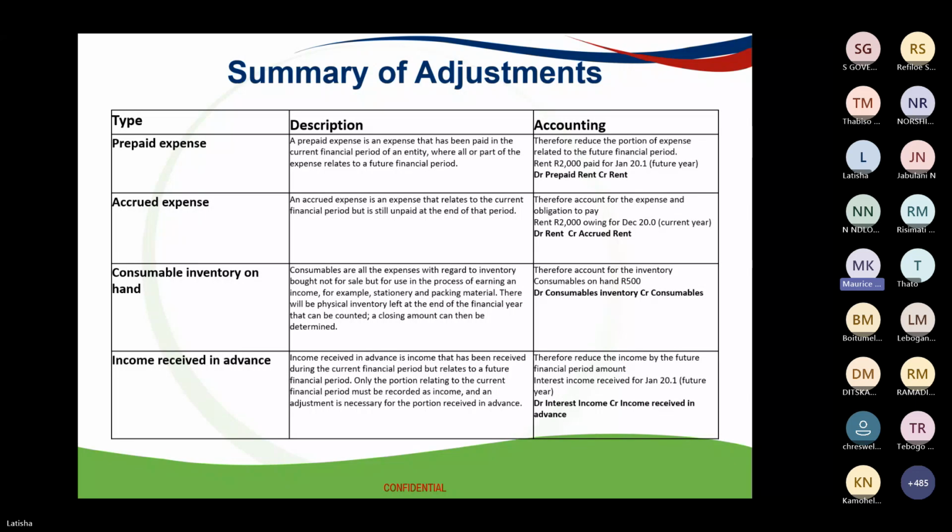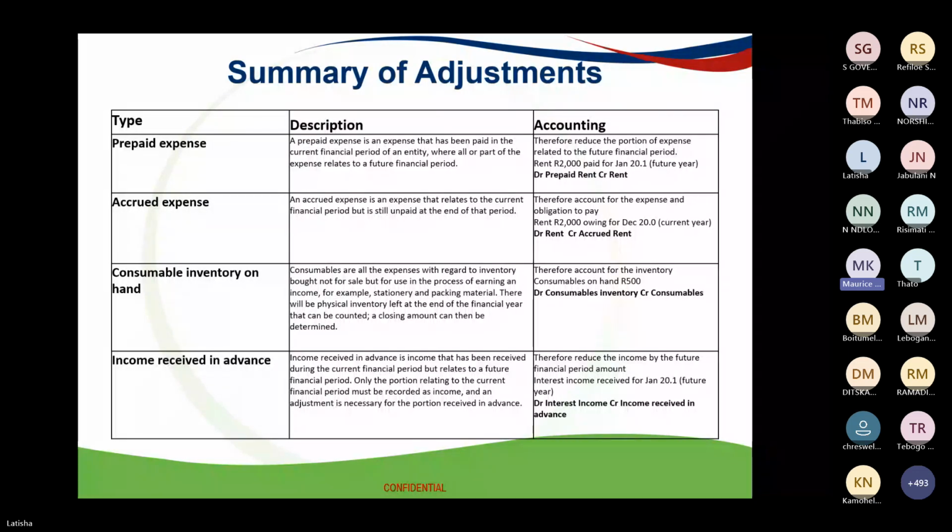So therefore, we'll adjust the rent account or that particular expense by crediting it and debiting the prepaid expense. Okay, and then Letitia will illustrate how that is done when she does the exercise.